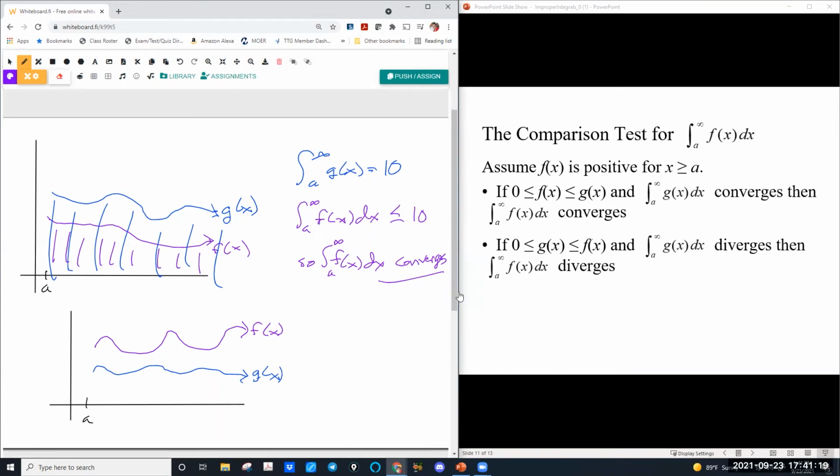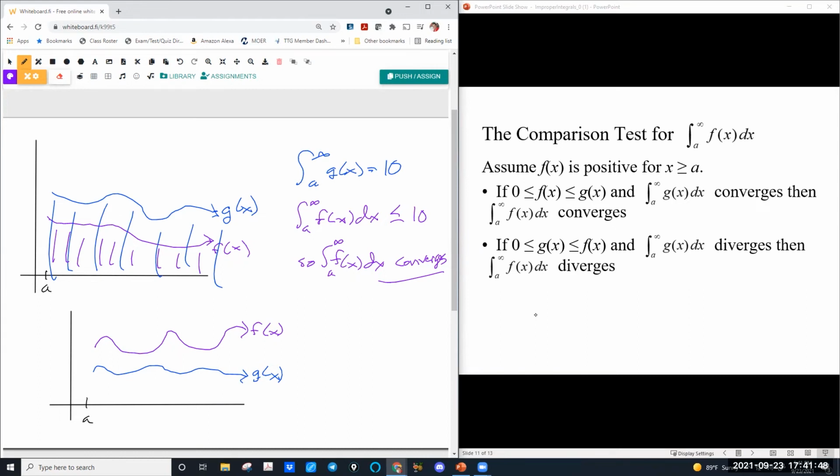This one's a little bit tougher because we wouldn't be using an actual number, but very similar to the one above, I can only use a divergent to test for divergence. And I must show the one I'm testing is bigger than the one that I know. So that's the informal thinking about the comparison test.